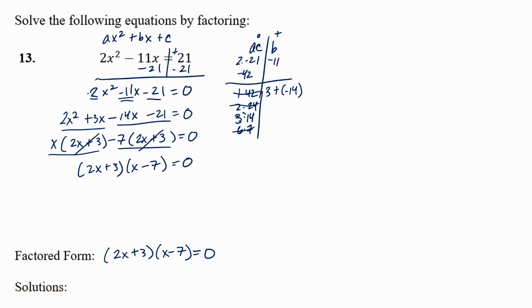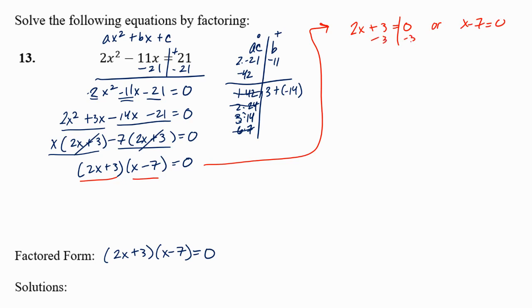And then for solutions, we want to take it one step further. Just going to go ahead and put it to my right for a little bit more space. We're going to want to set each quantity equal to 0, right? Because if I'm telling you that this quantity times this quantity is equal to 0, one of them must be 0. Or x minus 7 is equal to 0. Subtract 3 from both sides.